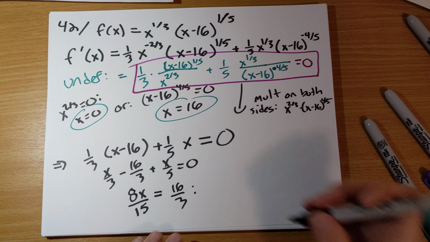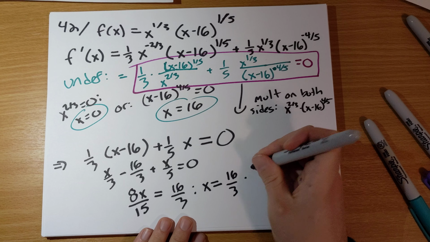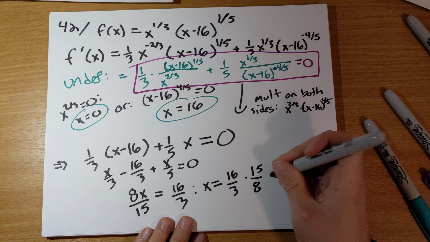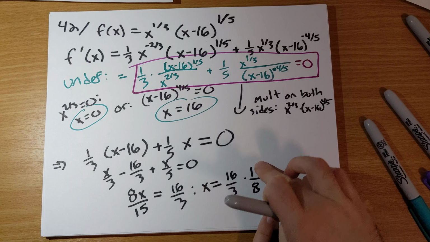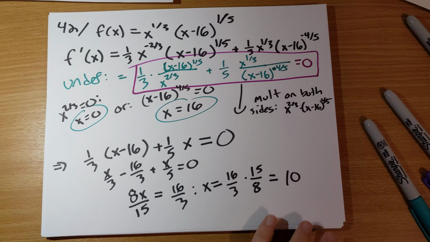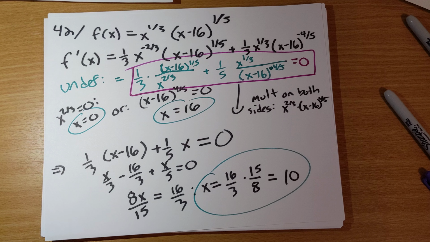And so then cross multiply here. x is equal to 16 over 3 times 15 over 8. This should simplify down as that's 2 and that's 5. That should be 10. So here's our third critical point. This is the only one where the derivative is 0.